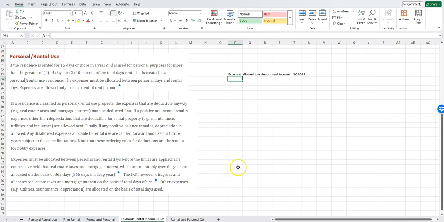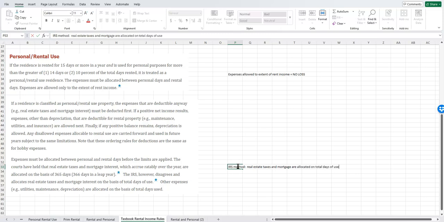And then we have to take note of this down here. There are two different ways to allocate. There's the IRS method, which we usually default to in Cengage, and it says that real estate taxes and mortgage interest are allocated on total days of use.